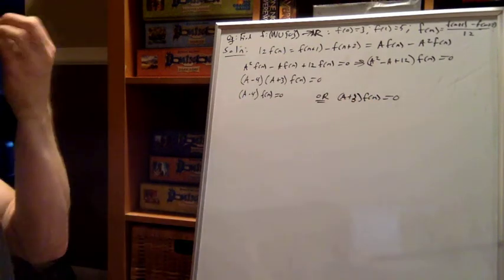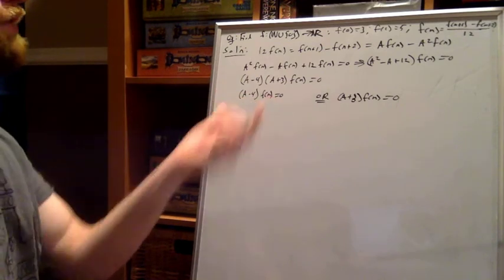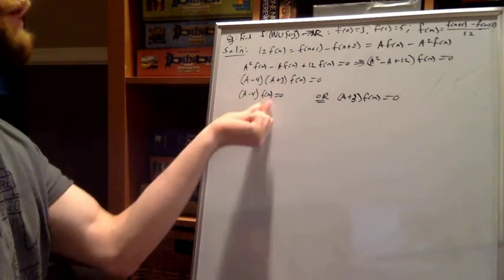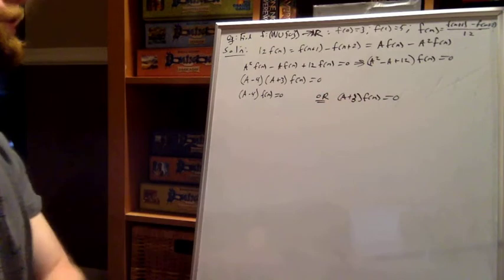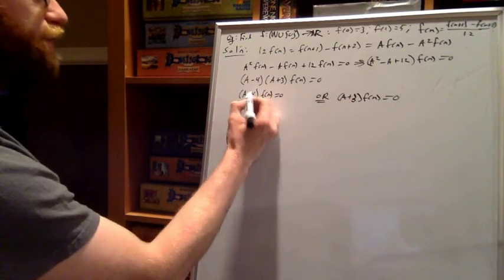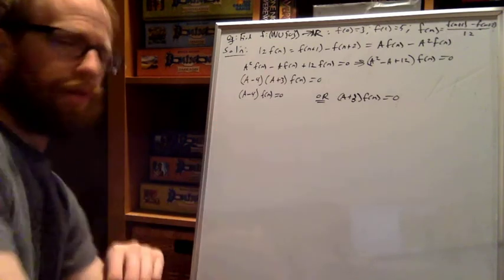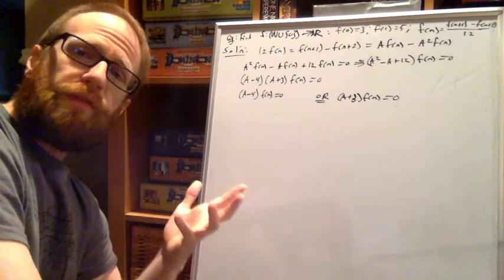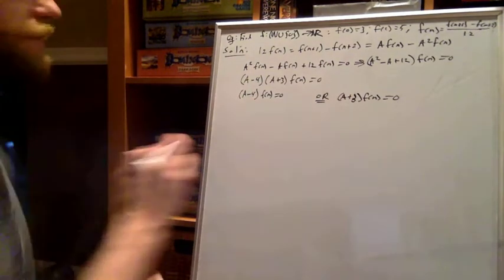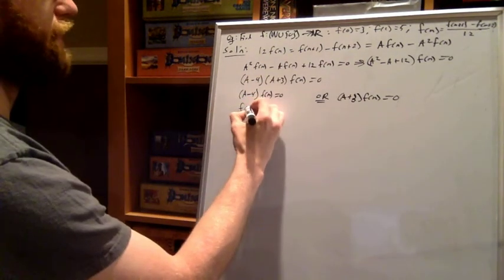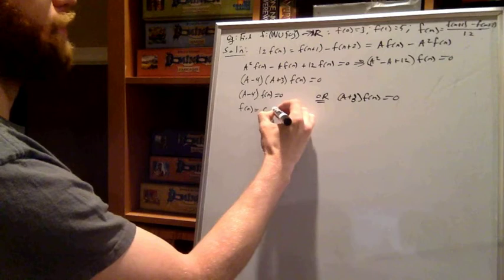Because again, I'm viewing these as an operator applied to a function. Well, if I had a minus 4 applied to f of n equal to 0, this looks a lot like that previous example. This means that my answer is going to look like f of n equals c1 times 4 to the n.